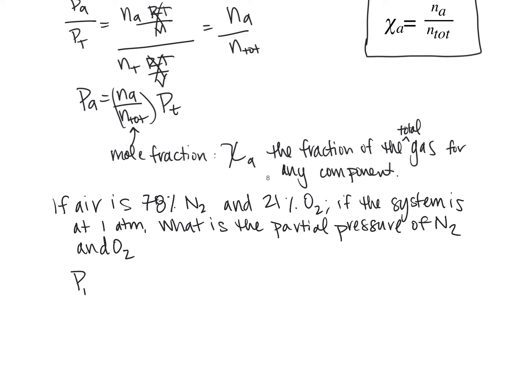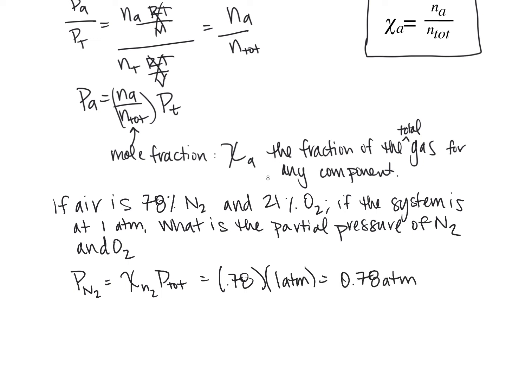So the P of N2 is equal to chi of N2 times P total, where chi of N2 is the fractional component of the percentage. So that's 0.78 multiplied by 1 atmosphere, and that gives you 0.78 atmospheres.